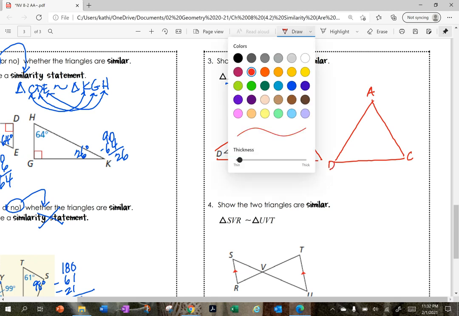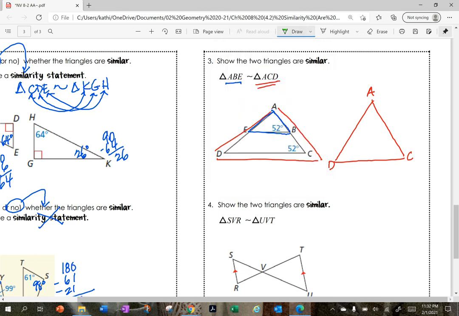So I can say for my triangles, angle B is congruent to angle C. And then I also have angle A is congruent to angle A, because this is the reflexive property of congruence.